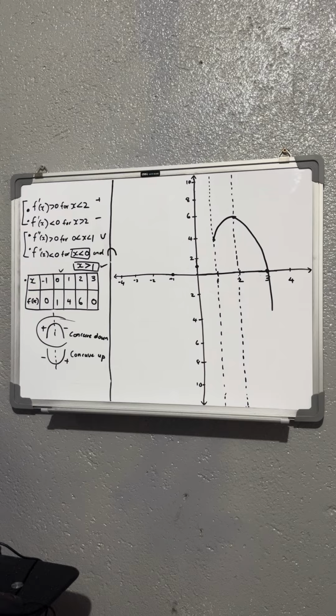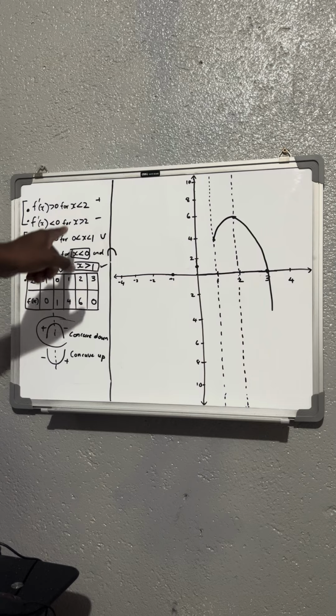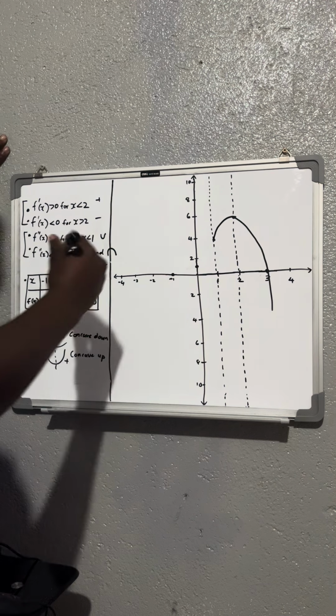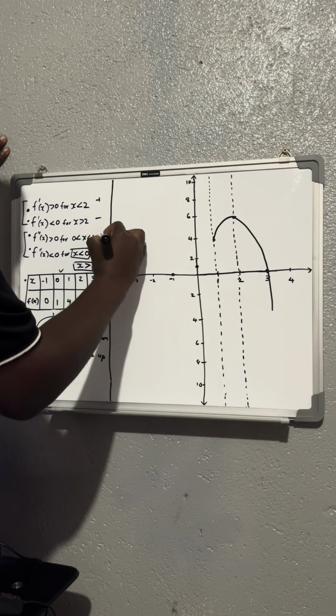So we're going to check, they're saying in the region between 0 and 1. So what are we going to have in this region? They're saying it's going to be concave up. Concave up is something that looks like this.